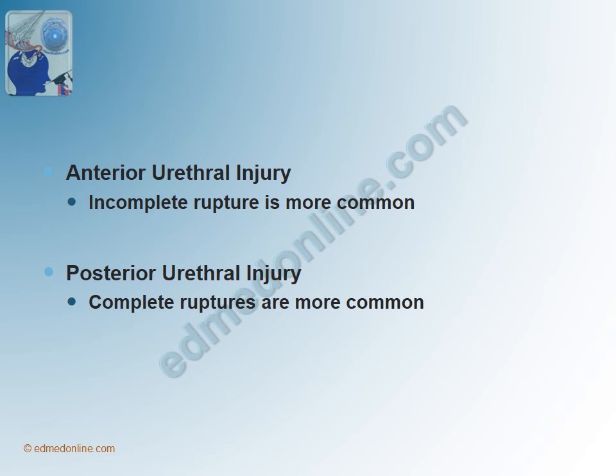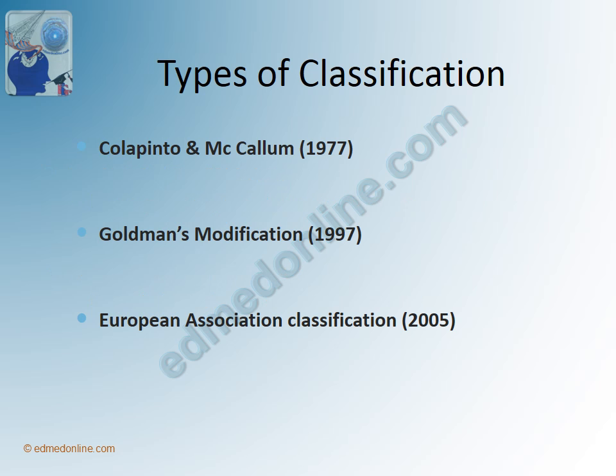Now friends, we need to remember that in an anterior urethral injury, incomplete rupture is more common, and in a posterior urethral injury, complete rupture is more common. Now there have been three classifications which have been proposed. In 1977, Colapinto and McCallum proposed their classification, which has been subsequently modified by Goldman in 1997, and then in 2005, the European Association put forth their own classification.